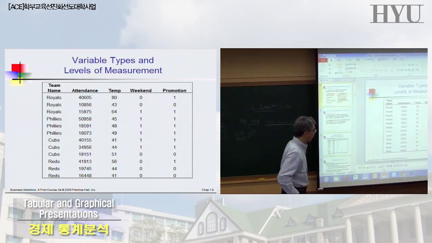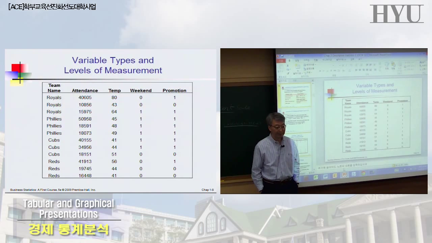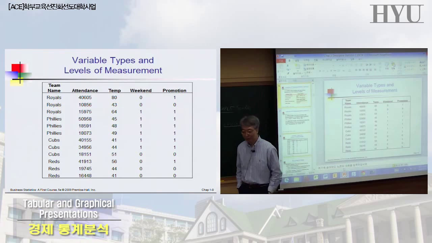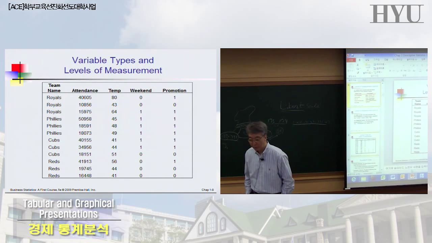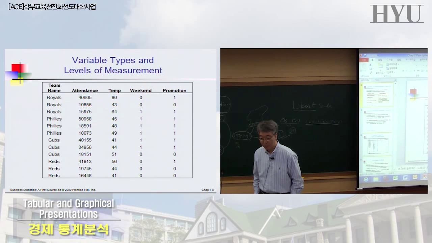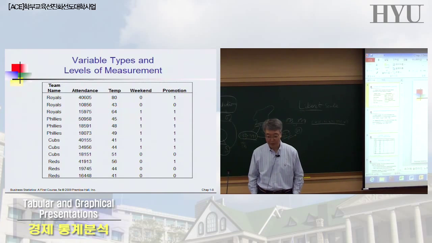Good. Well, how about the next one, temperature? Anybody? Okay, go ahead. What type of variable first? Numerical or quantitative variable. Right.